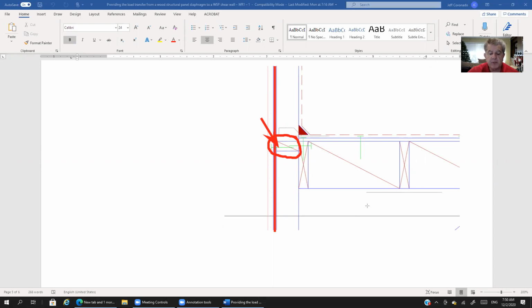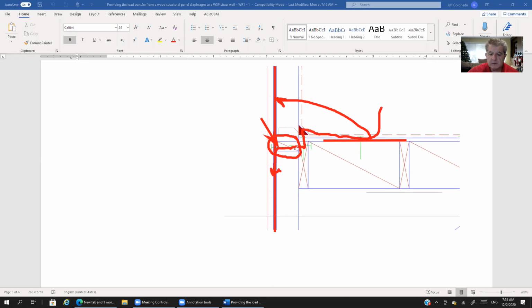That in essence completes the load transfer from the diaphragm here to the shear wall here. Okay, so your load transfer was from the diaphragm, it goes into the diaphragm boundary nail, into the rafter, through this nail into the block, and then through this nail into the shear wall.